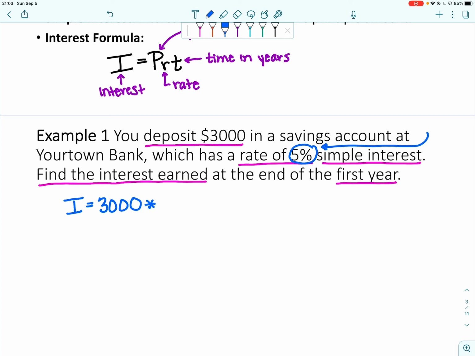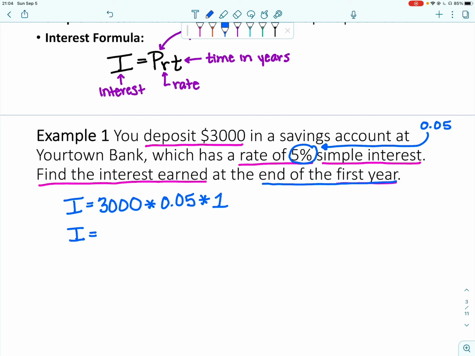So you're always going to turn that into a decimal. So 0.05 times the number of years that we're leaving the money in the account. And we want to look at this at the end of the first year, so we're leaving it in the account for 1 year.